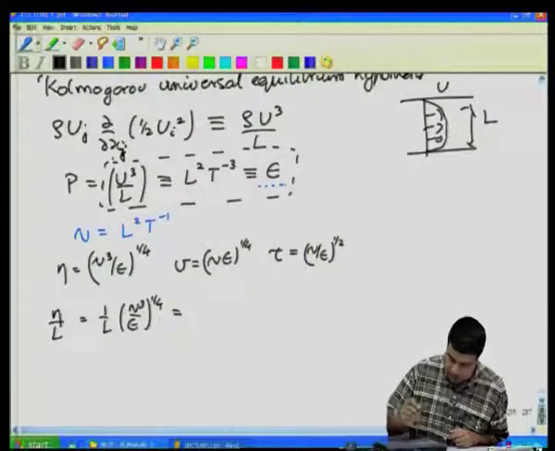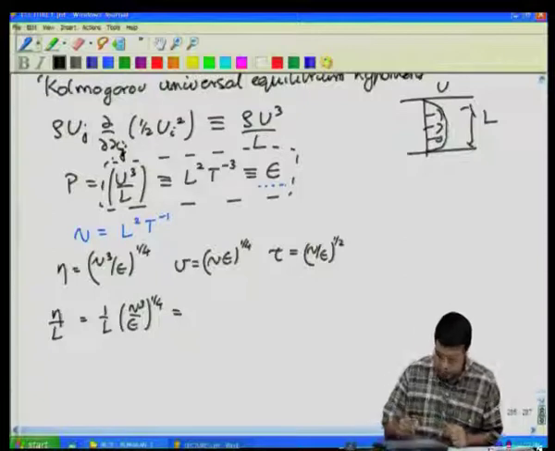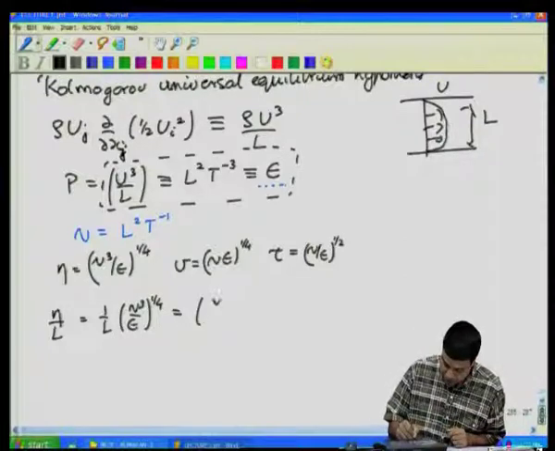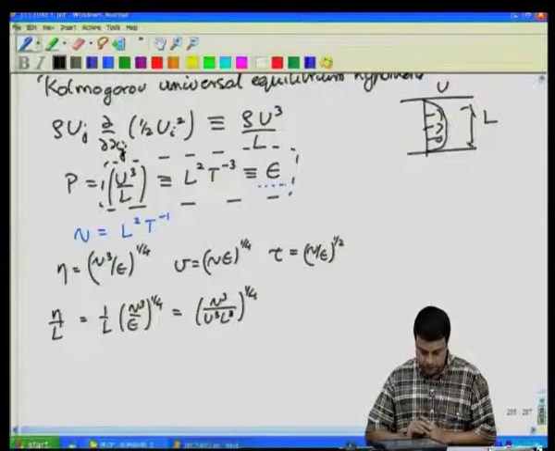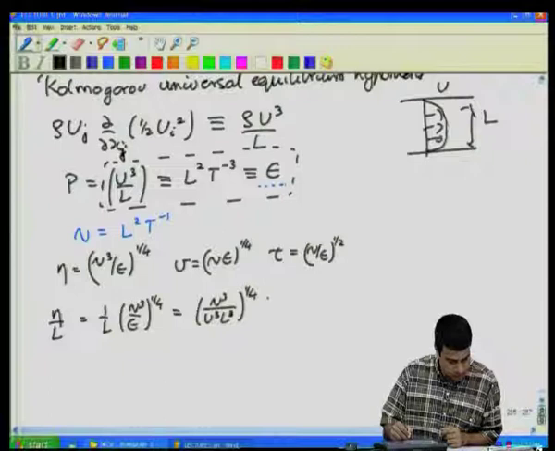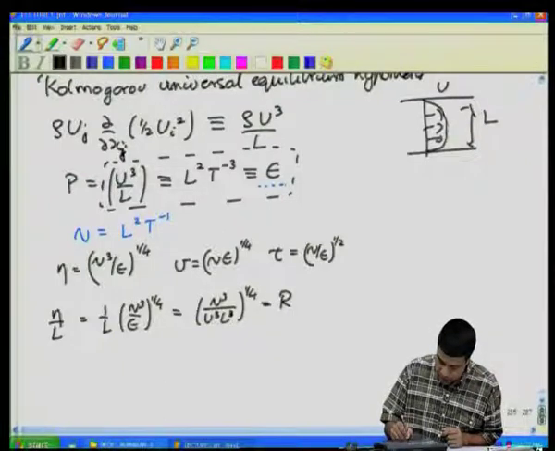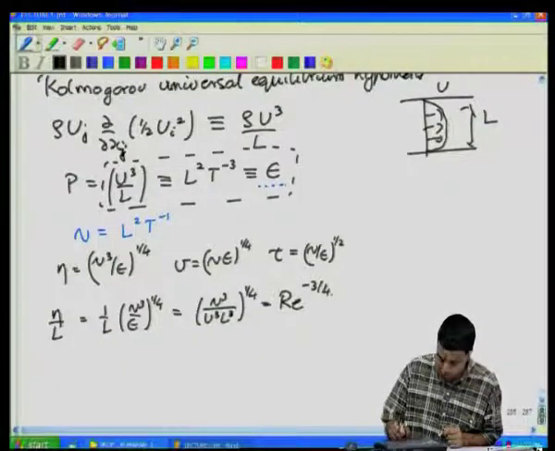So, for epsilon, I can substitute u cubed by L, and I will get (nu cubed by u cubed L cubed) power 1/4, which is equal to the Reynolds number power minus 3 by 4.